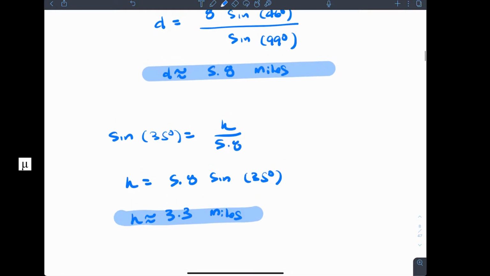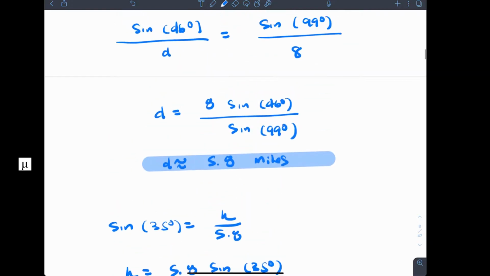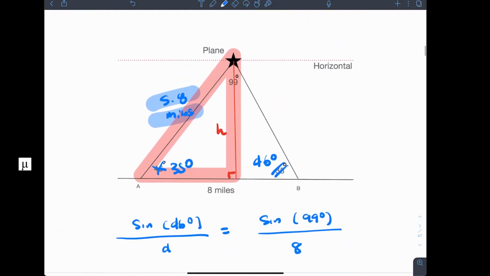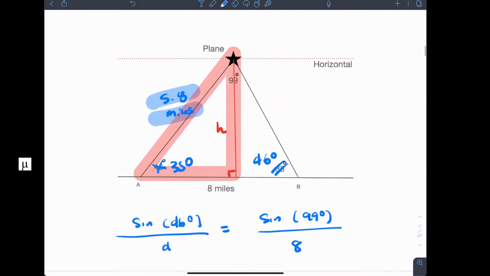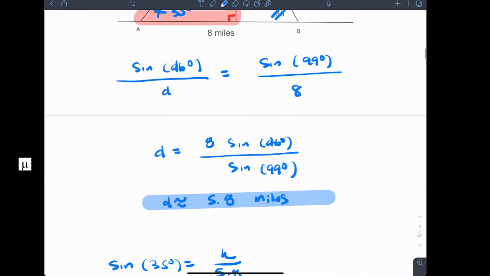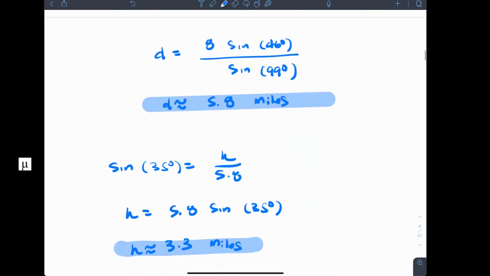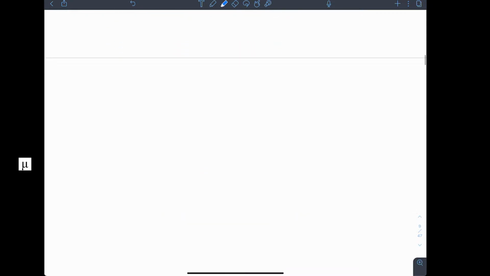Okay, just like we did yesterday. So homework on right triangles and homework on law of sines is applied in this example too. So we did that one yesterday. You guys know what I'm saying? All right.